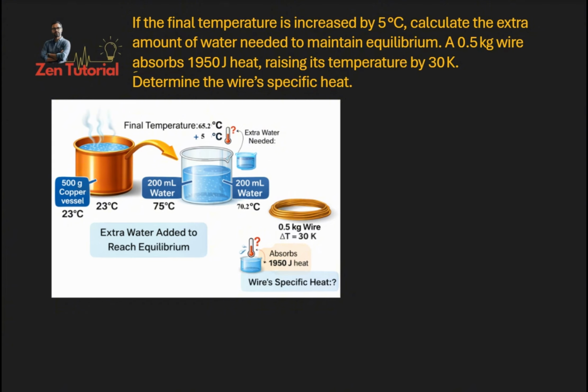This is the extension question of the very first question. Here, the copper vessel temperature was 23 degrees Celsius, and the final temperature is 65.2 degrees Celsius. Now, in this question, the temperature is increased by 5 degrees Celsius. It means we have to add 5 more degrees Celsius.